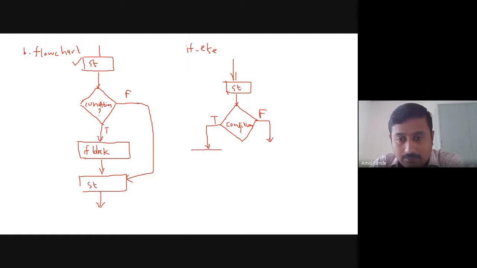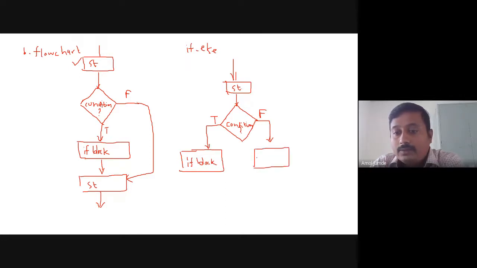And if it is true, then we'll go into the if block, right? So the if block will be executed, and if it is false, we will fall into the else block. In that case, the if block will be entirely skipped.